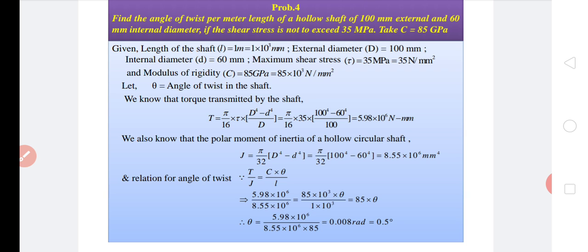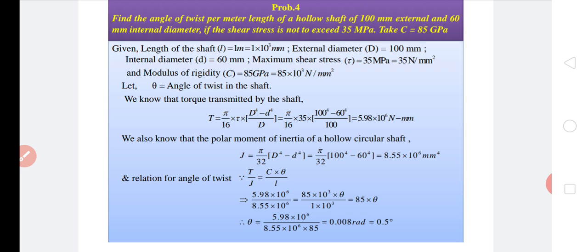From this equation we must find theta. As in the question of problem number 4, we must find the angle of twist.